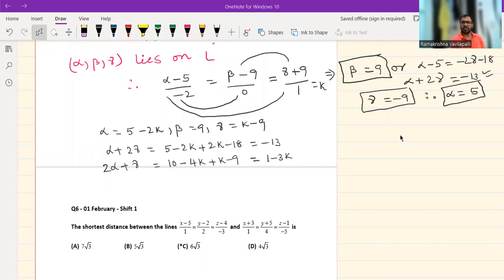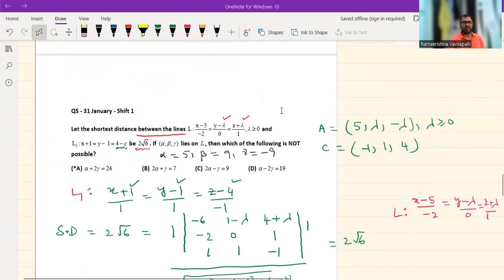Of course, here you see we got that alpha plus 2 gamma equal to minus 13. So alpha plus 2 gamma equal to minus 13 we got, but here they have given that alpha plus 2 gamma equal to 24. So this is not at all possible.